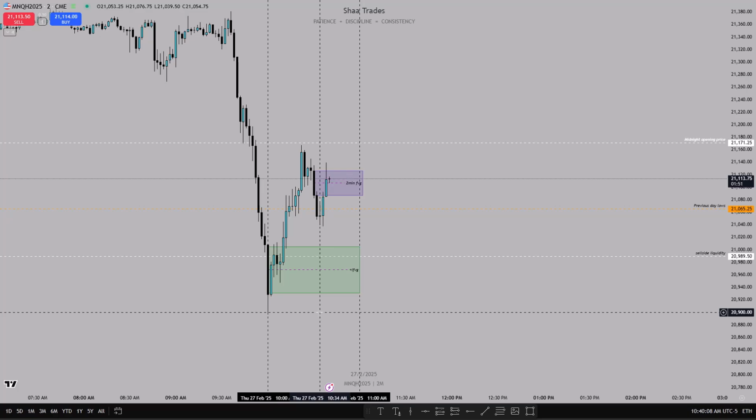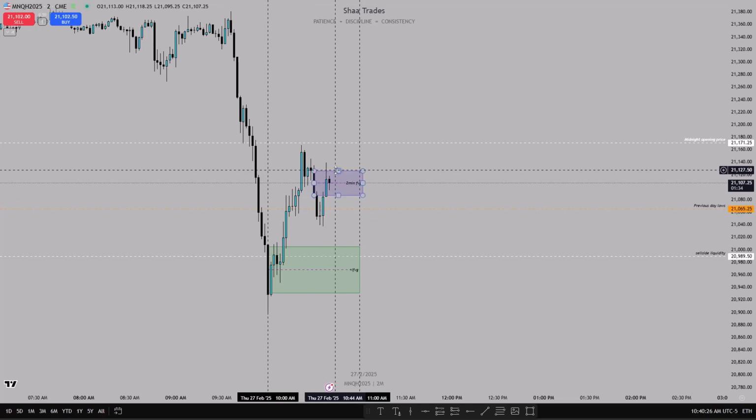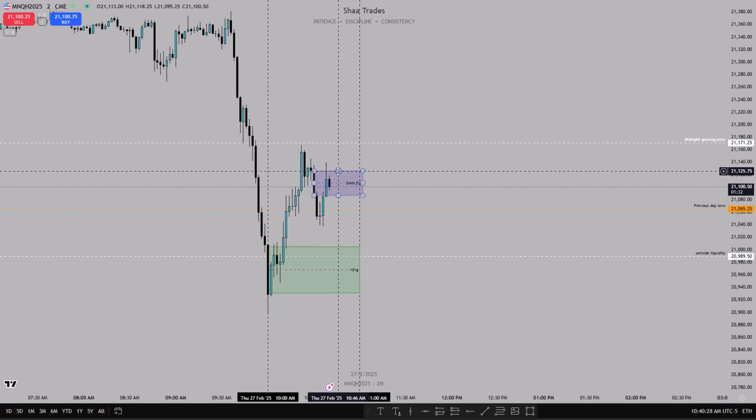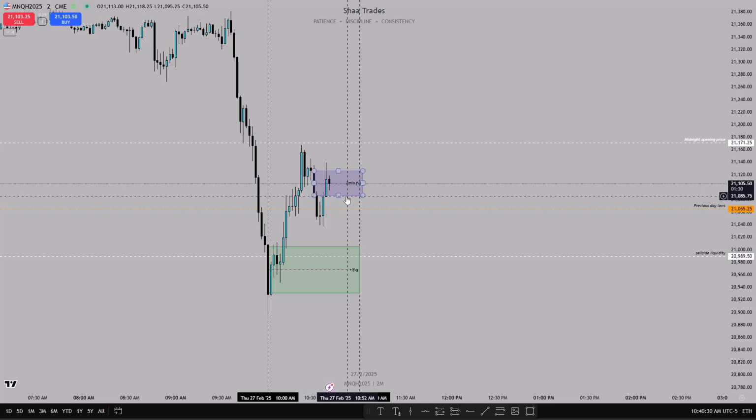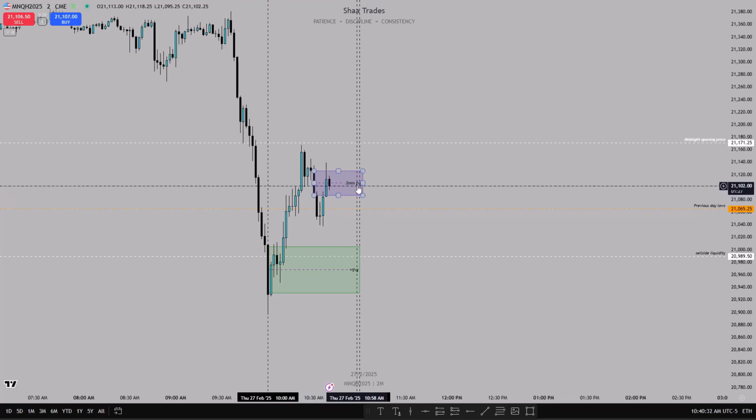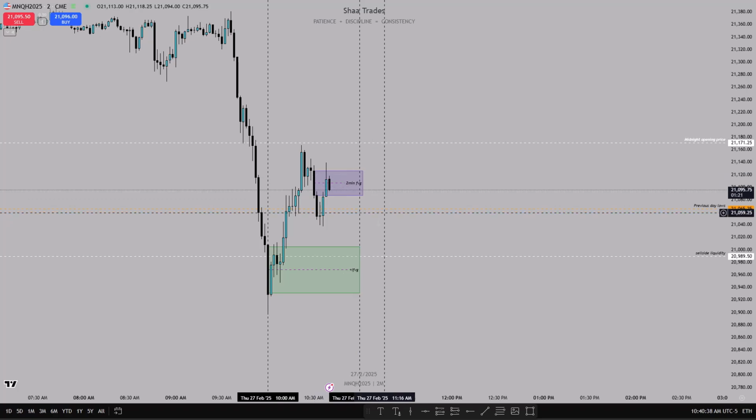All right, so let's see what it does here. The thing that I've been doing now is that whenever price does this, and I'm on the 2-minute chart, and I see that price breaks this here, and if it turns it into an inversion, right now it's not an inversion fair value gap. I'm waiting for a closure above here.